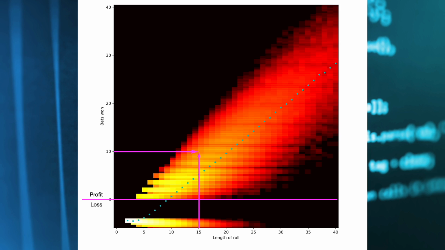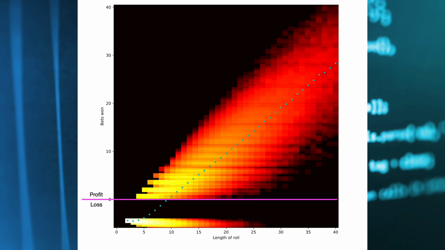Now let's say we plot a pixel of light at that spot on the plot. And then each time one of our 1 million simulations is 15 rolls long and wins 10 bets, we make a pixel of light a little brighter. If we do that for all of the rolls and all of the pixels, this plot is the result.